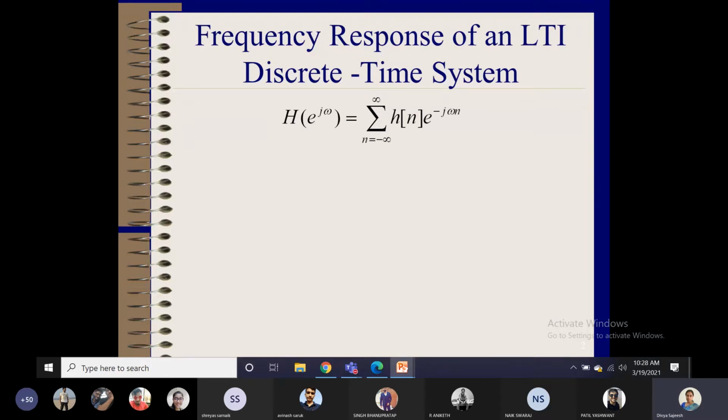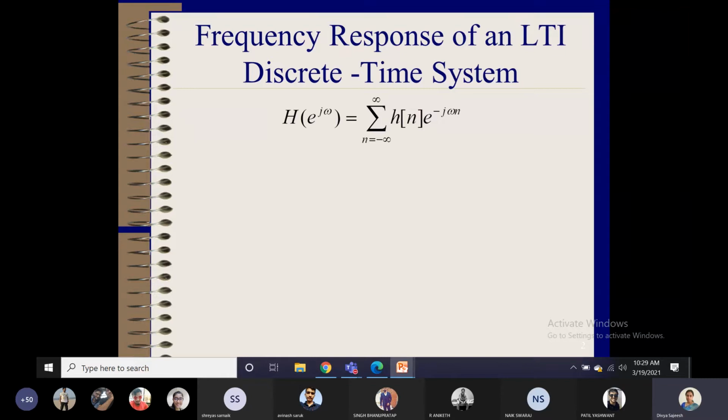So now we are going to the next section, where we will study in detail the frequency response of the linear time invariant discrete system. We learned how to get the frequency response. We observed that by putting z equal to e raised to j omega in the transfer function of the system, we can obtain the frequency response.